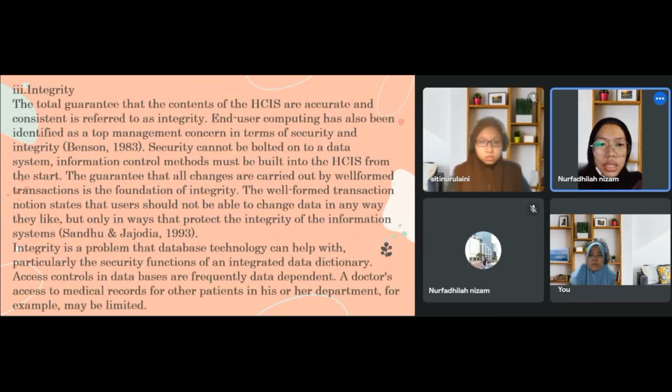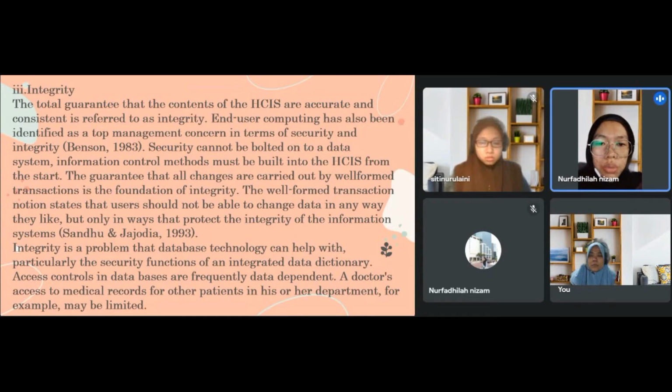Third, integrity. The total guarantee that the contents of the HCIS are accurate and consistent is referred to as integrity. User computing has also been identified as a top management concern in terms of security and integrity, based on Benson 1983.